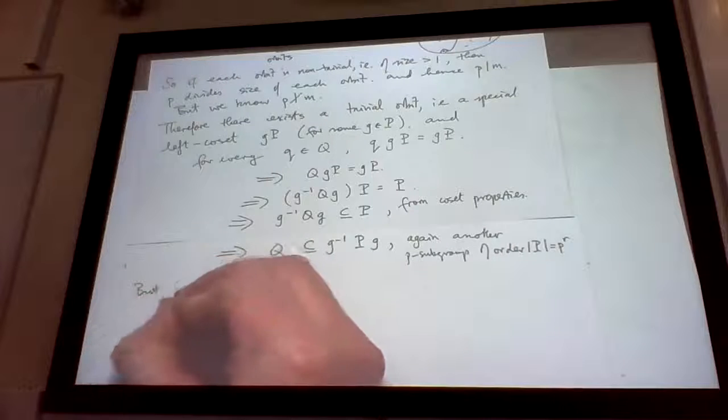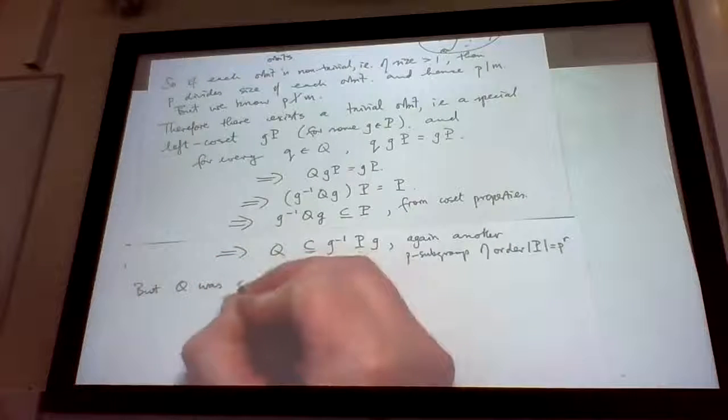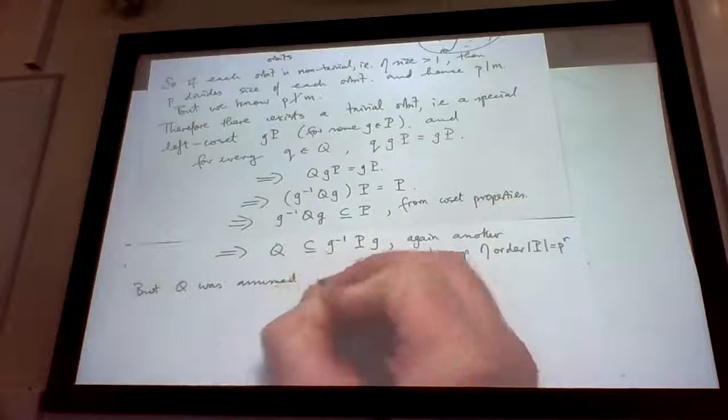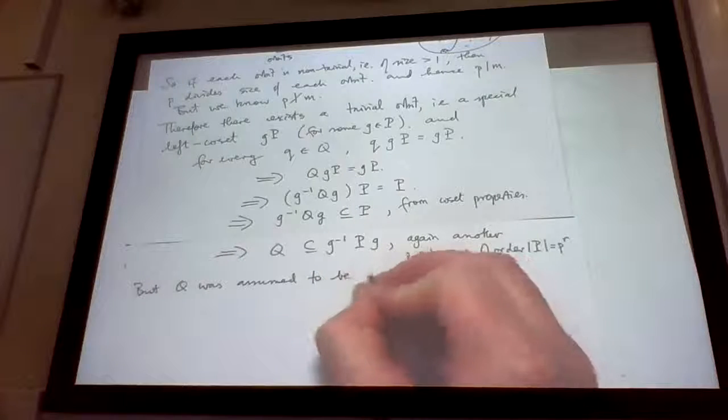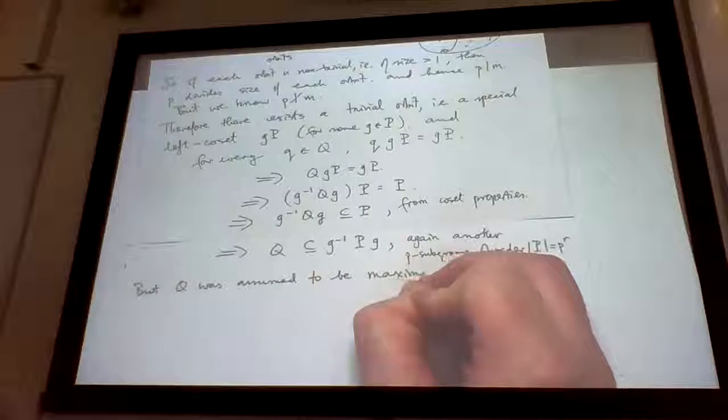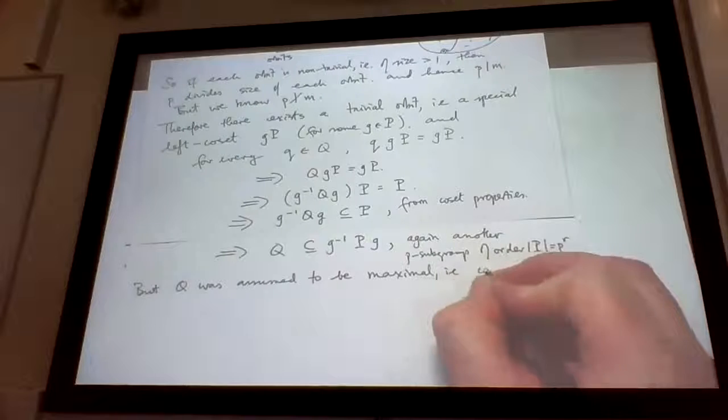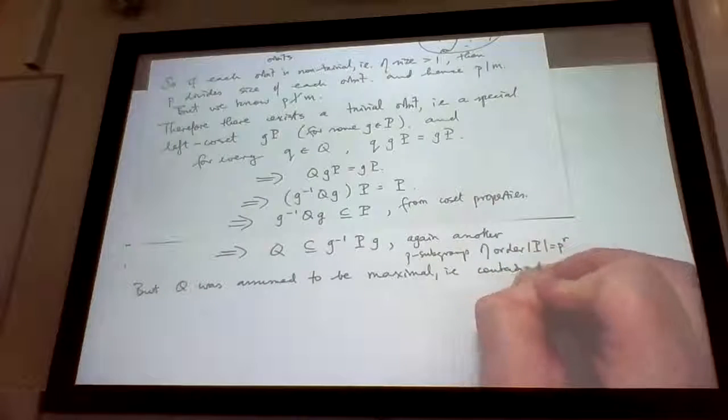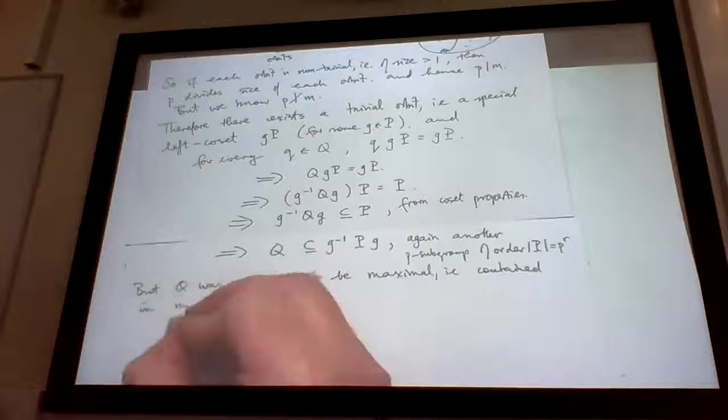Q was assumed to be maximal, i.e. contained in no bigger p-subgroup.